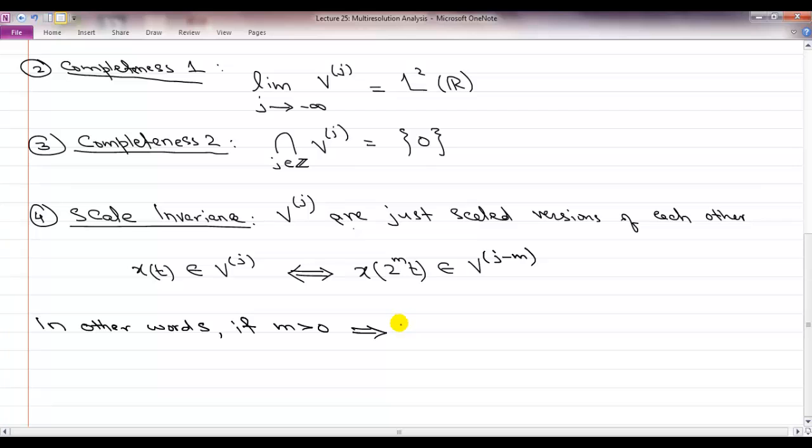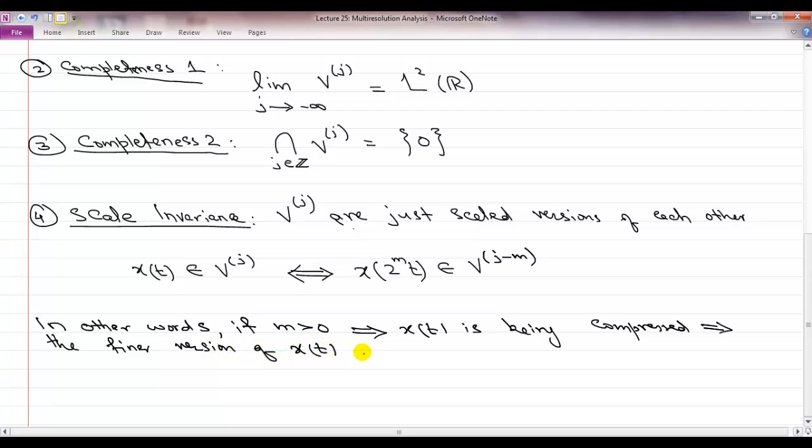So if m is greater than 0, x of t is being compressed, and this means the finer version of x of t, which is x of 2 to the m t, lives in the refined subspace V of j minus m.